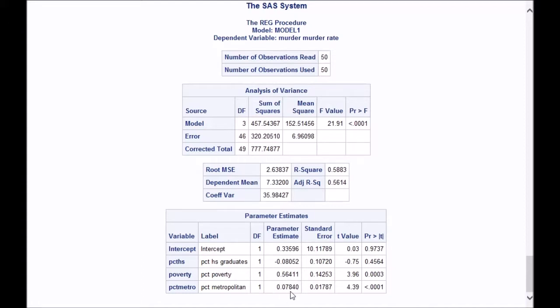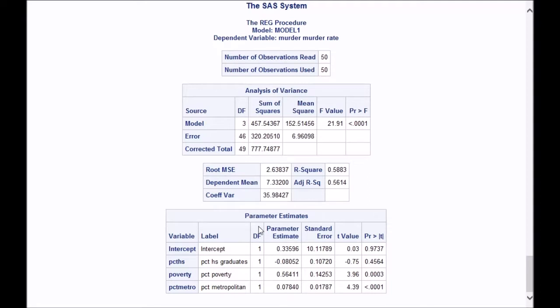For percent metropolitan, we see a 0.08 roughly increase in murder rates per percent of the population that lives within a metropolitan area, holding constant poverty and high school graduation rates. So you're treating your other predictors as constants when evaluating the predictor of interest.